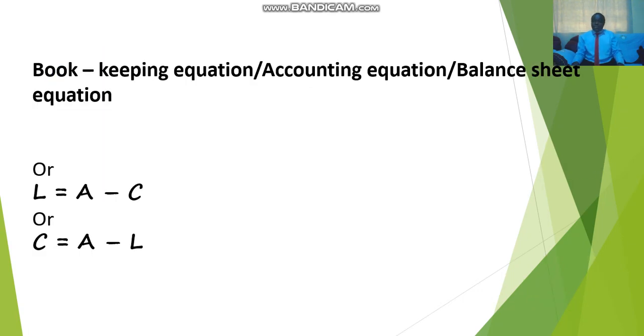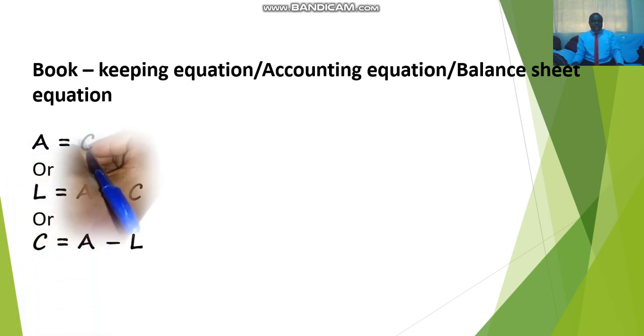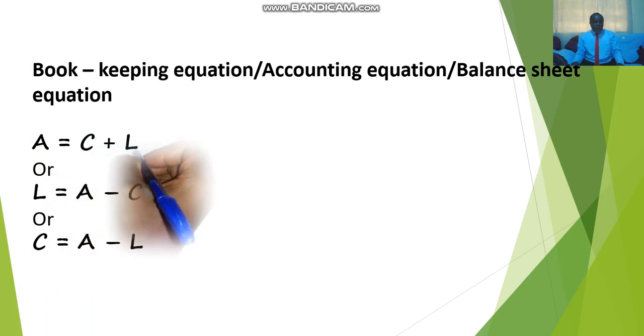The bookkeeping equation is also called the accounting equation or the balance sheet equation. It is represented in three ways: capital equals assets minus liabilities, or liabilities equals assets minus capital, or assets equals capital plus liabilities.